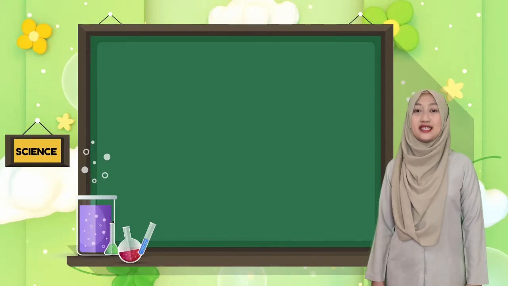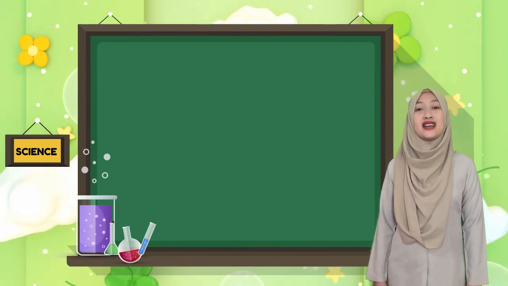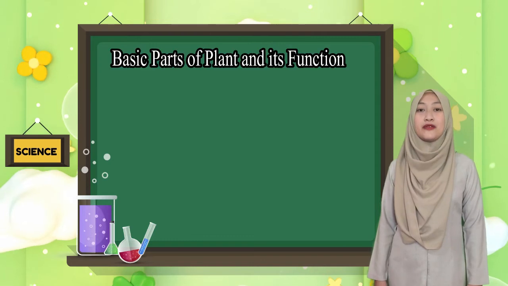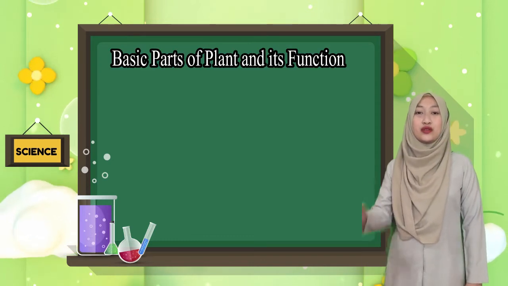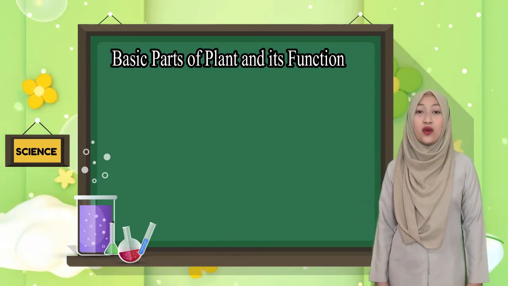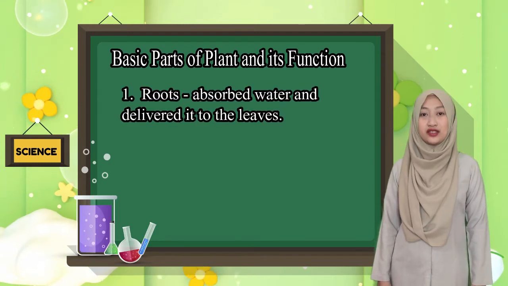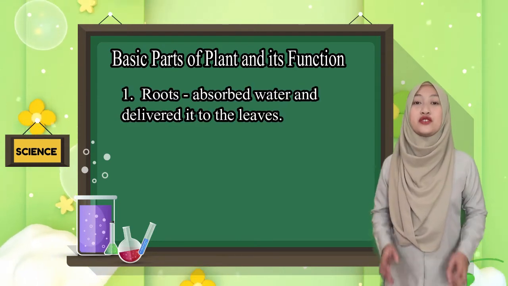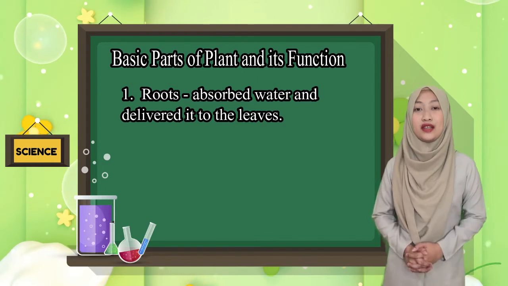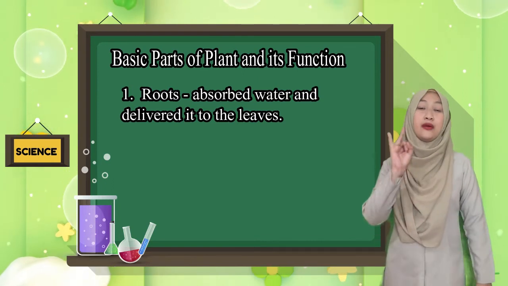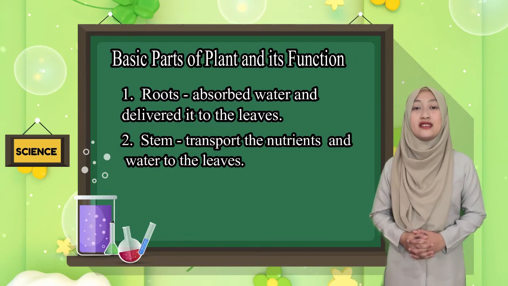Before we further discuss photosynthesis, let us review first the parts of plants and their functions. We have three. First one, we have the roots. The roots are the ones that absorb water and deliver it to the leaves. Number two, we have the stem.